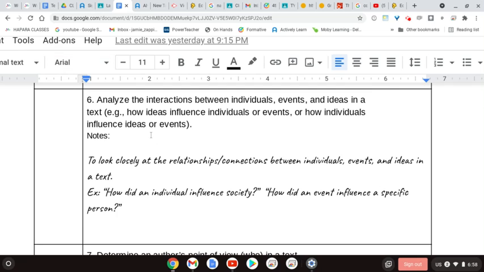So for learning target number 6, you're analyzing the interactions between individuals, events, and ideas in the text. As I said, we're looking at individuals and the idea of consumerism. Remember, as we analyze for learning target number 6, you're going to look closely at the relationships and connections between people and consumerism.